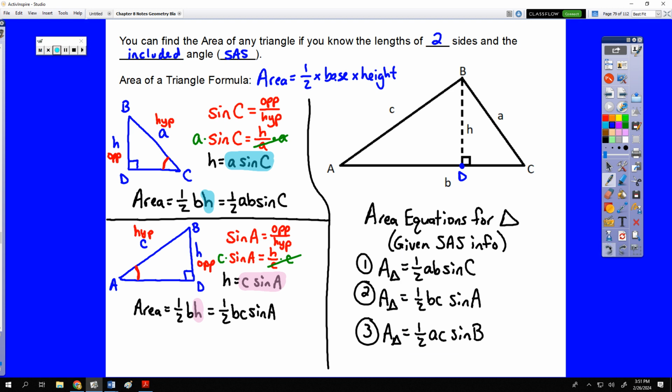So let's take these to a new page. We could write that 1/2 AB times the sine of angle C is equal to 1/2 BC times the sine of angle A is equal to 1/2 AC times the sine of angle B. These are all expressions for the area of triangle ABC.